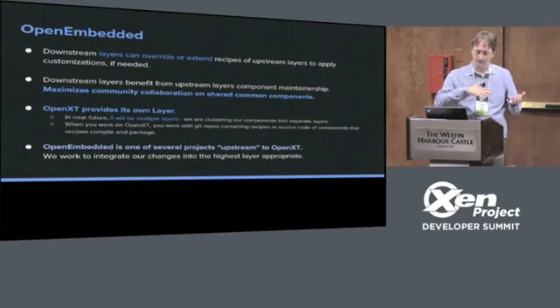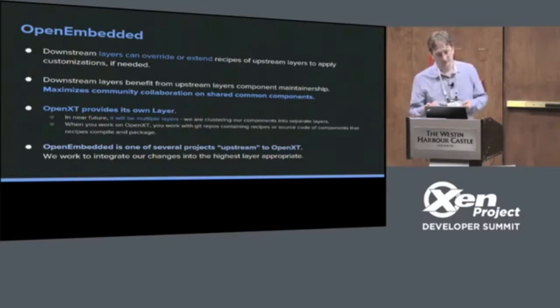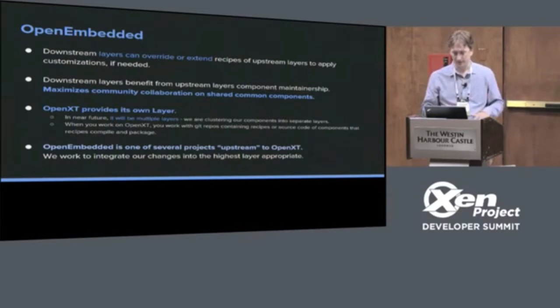But we also prefer to assist with the maintenance of packages upstream, because it means that we don't have to carry the downstream delta, and it benefits the wider pool because everybody else is using the upstream layers anyway. So the nutshell is that OpenEmbedded is one of several projects upstream to OpenXT, and we work to integrate our changes to the highest layer appropriate.